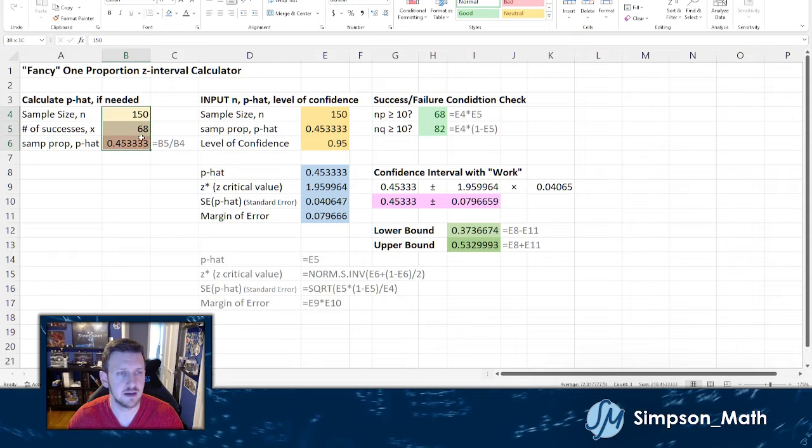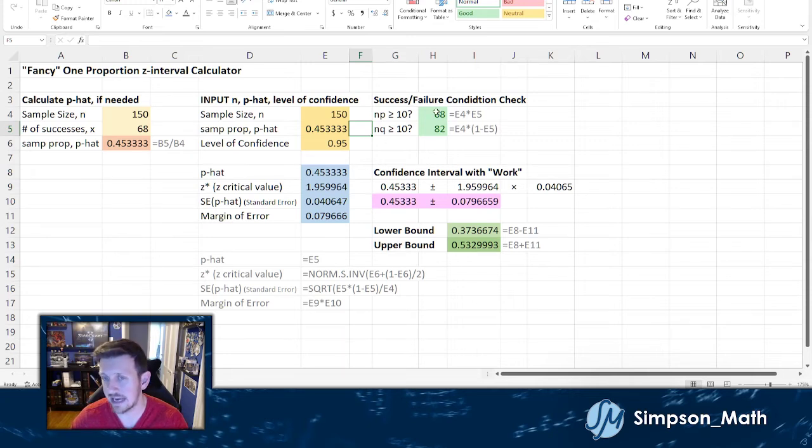But if for some reason you weren't given it, you could do your calculations over here. So these are just inputs, and this gives me my division of the x over the n. And then these are my main inputs, just like what we had on the other slide, and then the rest of these use it.